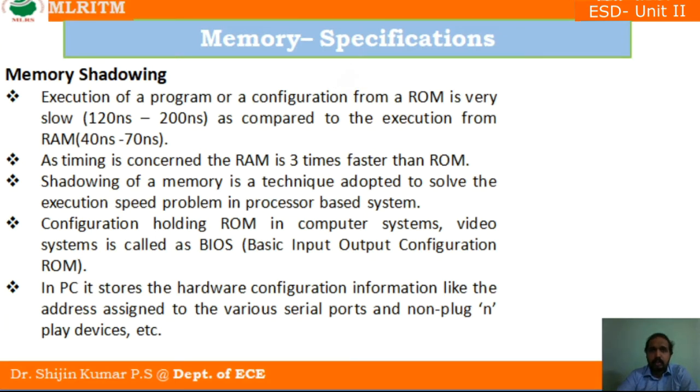If you calculate, we can see that the RAM is 3 times faster than the ROM. So what is memory shadowing? What is the purpose of memory shadowing? Memory shadowing is a technique that is used to increase the speed of execution.